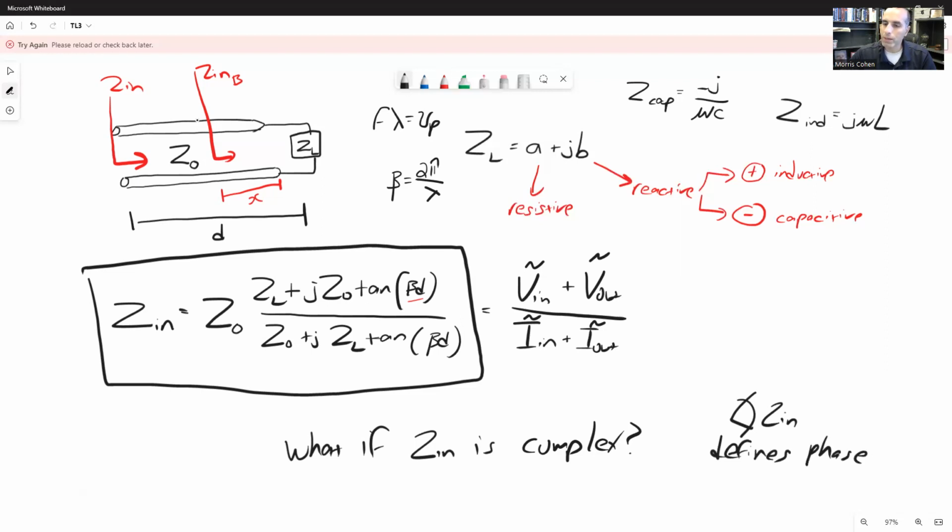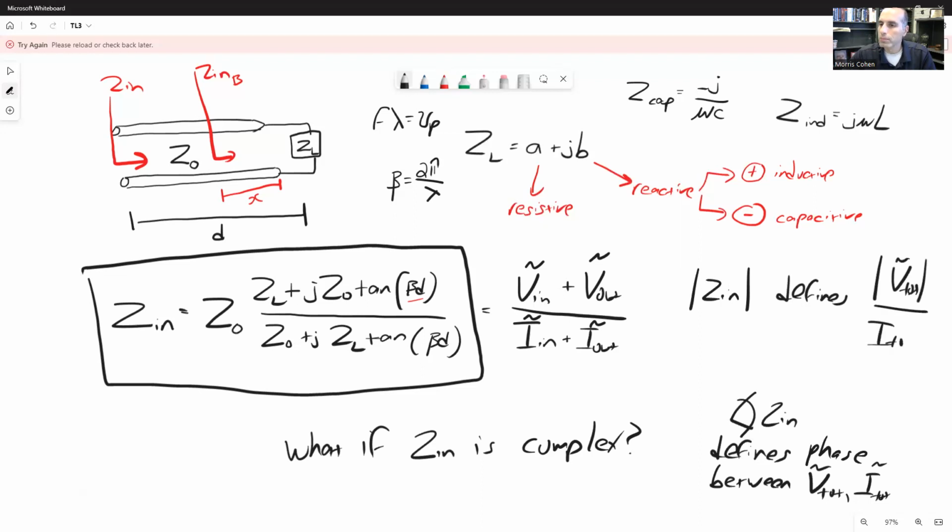Whereas the absolute value of Zin defines the ratio of the total voltage to the total current.